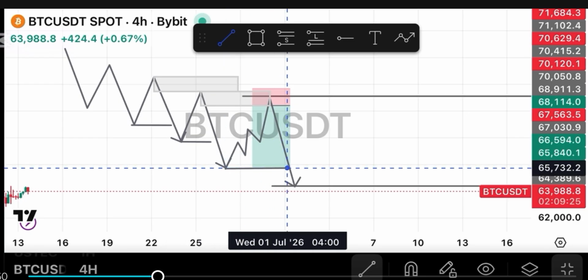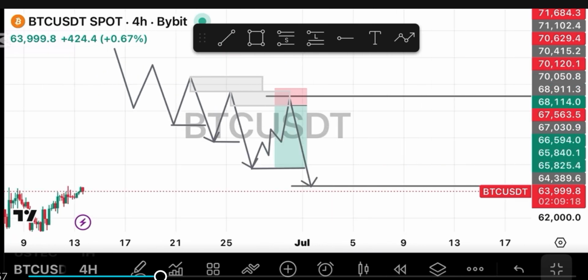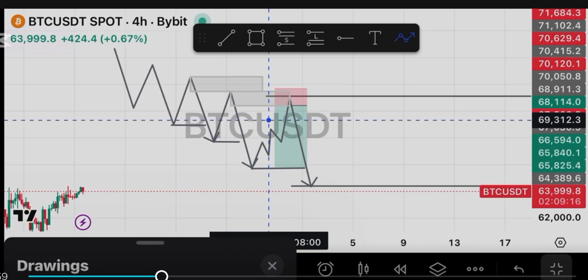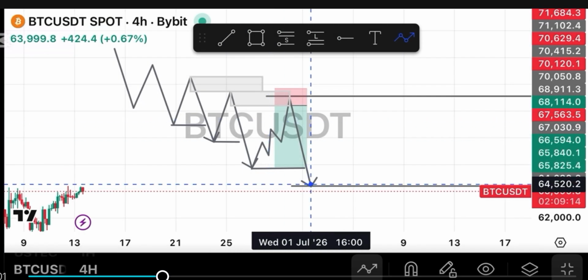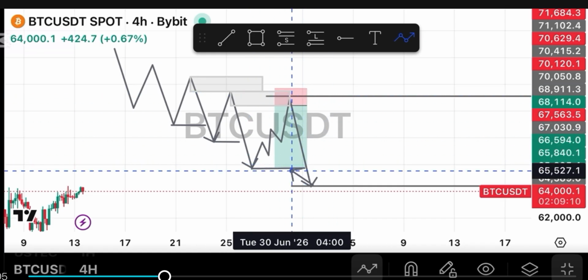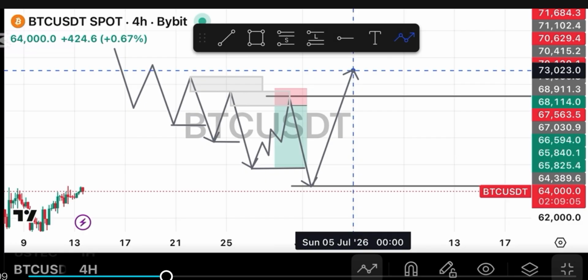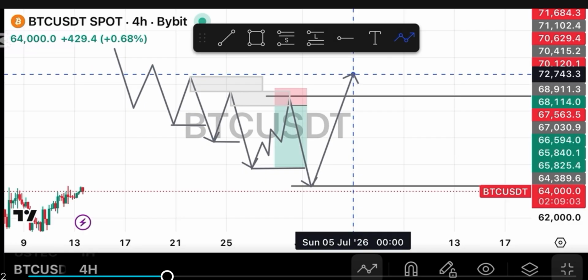Now if the market does this, let's say the market now breaks this previous high here, that formed this lower low. At this point, from here now, we can say, okay, the market is now shifting to bullish.